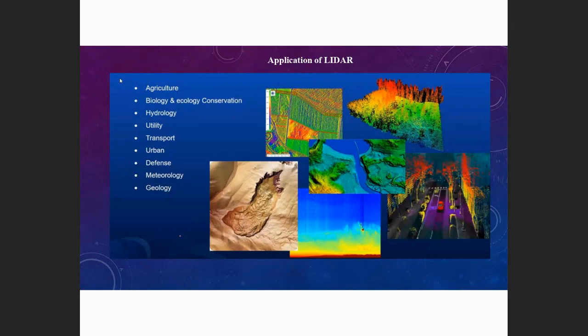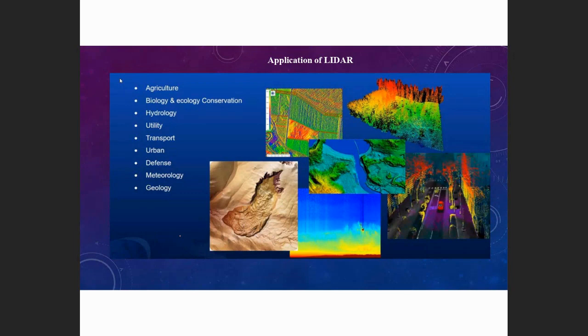In biological and ecological conservation, like biomass calculation, many people use these LiDAR data sets. Hydrology is also very good. Suppose you require a high resolution DEM or DTM; in that case you get the highest accuracy from LiDAR data sets.